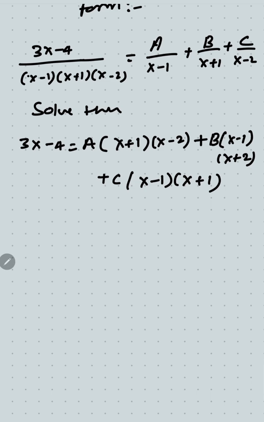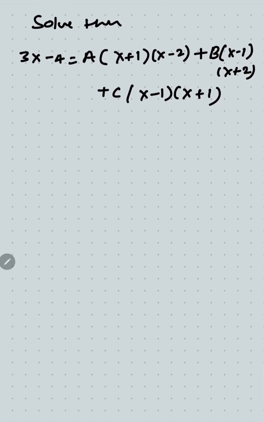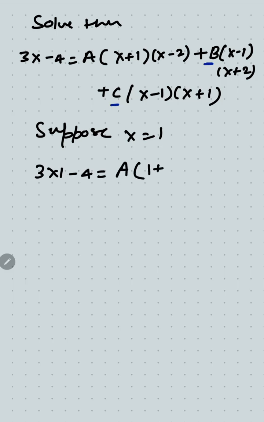Okay, now we find the values of a, b and c. Suppose x equals 1. When x equals 1, then b will be 0 and c will be 0. Then 3 minus 4 will be a times 1 plus 1 and 1 minus 2, and these are zeros.